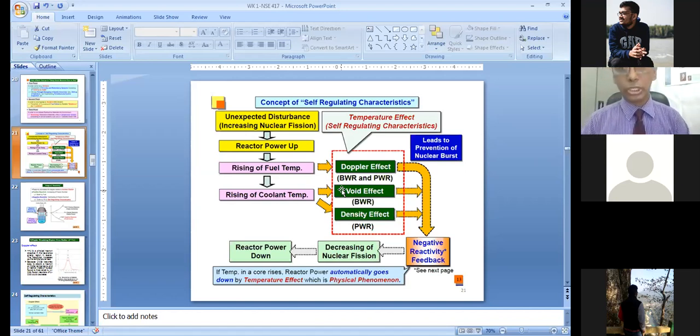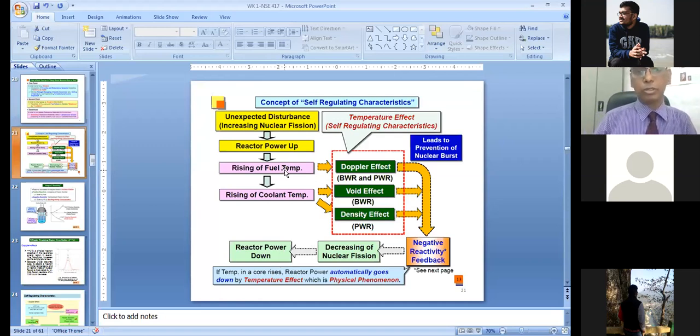Okay, so then, as I already mentioned, negative reactivity means it will absorb the neutron and decrease the nuclear fission. If the nuclear fission decreases, then definitely reactor power or heat generation will be decreased, and in that way reactor power can be down. Again, if it is down, then fuel temperature will be lower.